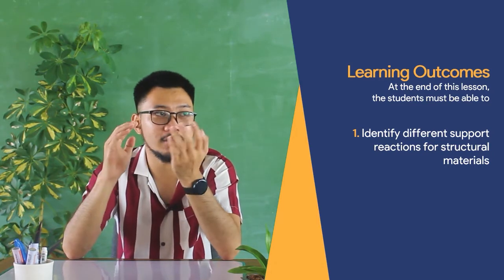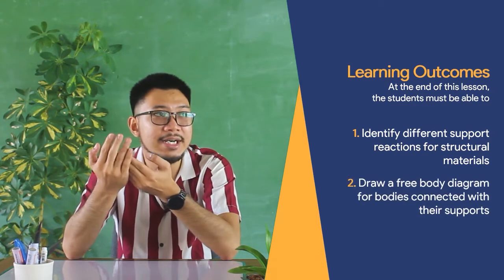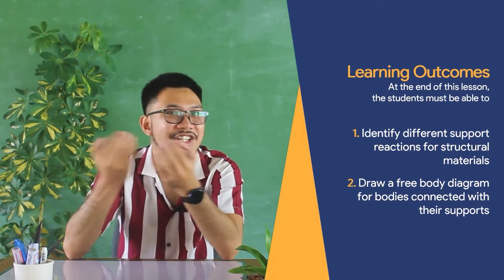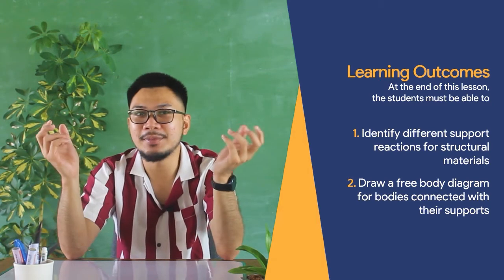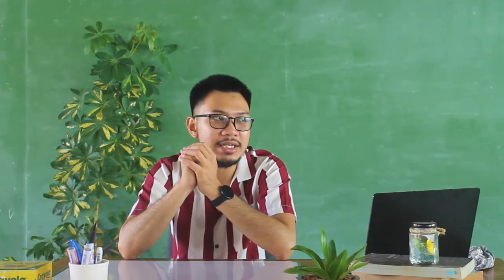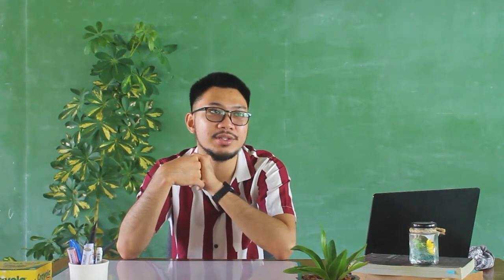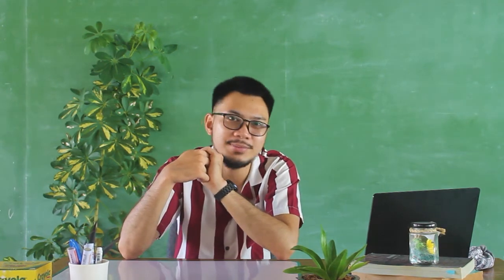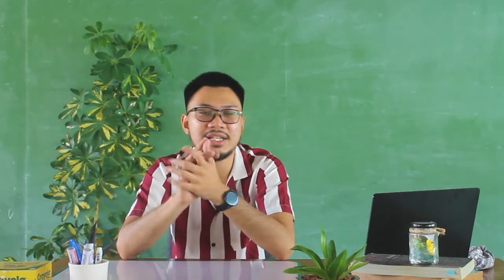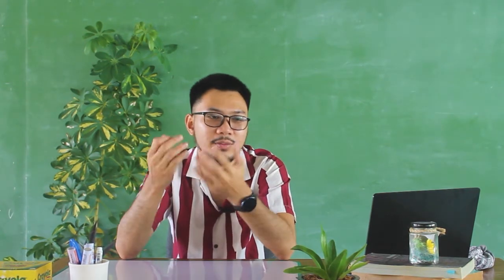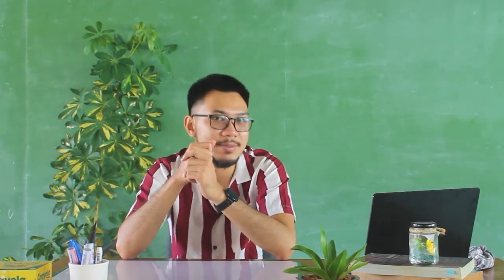Okay? And also we have to solve for the reaction forces on those supports, and also we have to learn 2 and 3 force members. What are those 2 force and 3 force members, and how are those important when we are talking about this subject?